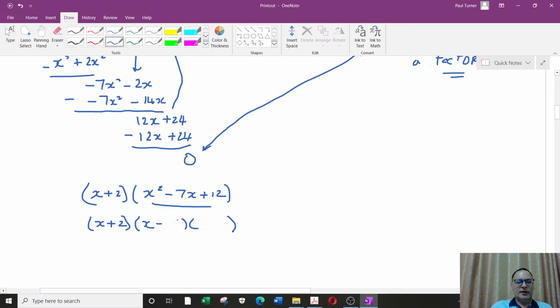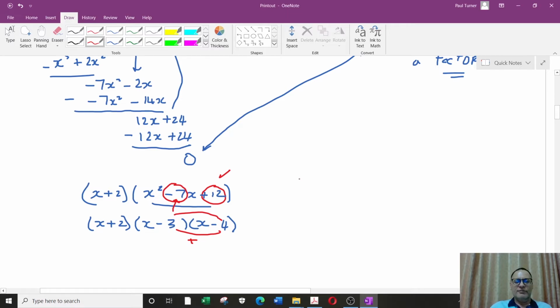So minus 3, minus 4, just looking, check that. So minus 3 times minus 4 is 12, good. And when you add these two numbers, you should get the middle number here, minus 7. So this is correct then.